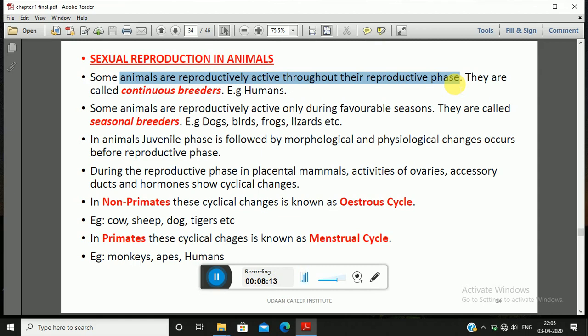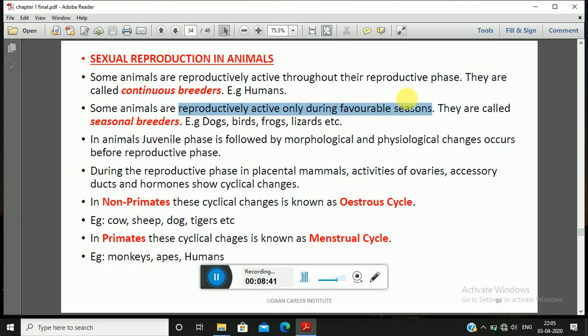So if you consider the reproductive phase of an animal, a few animals are reproductively active during that entire reproductive phase. Such animals are known as continuous breeders. An example is humans. On the other hand, there are some animals which are reproductively active only during favorable seasons of the reproductive phase.